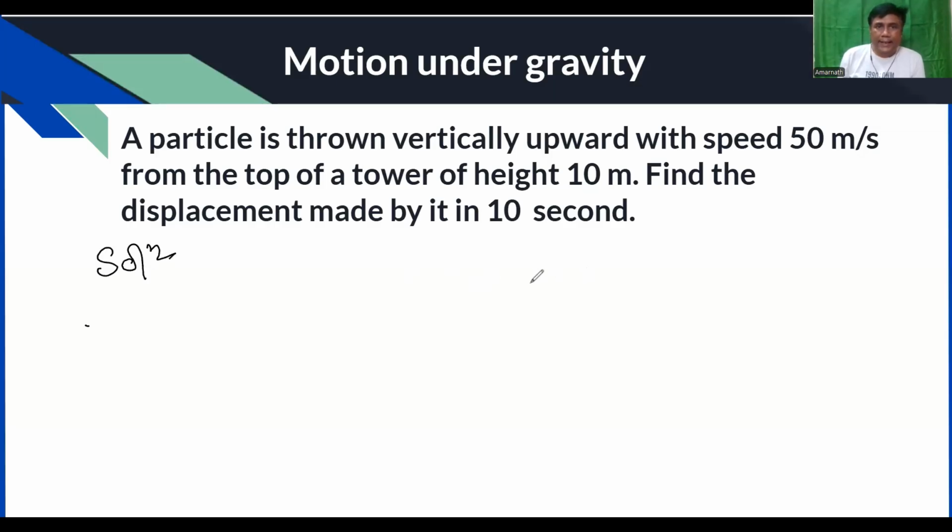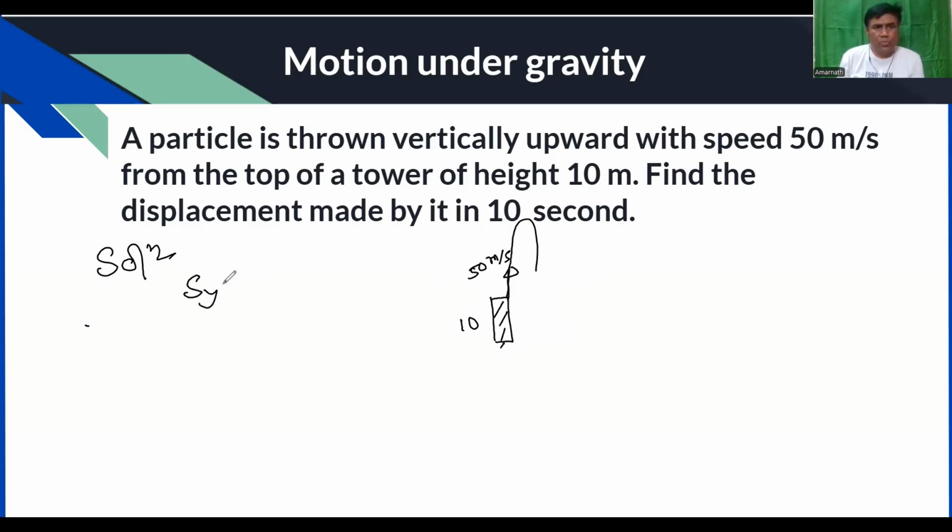Okay. Particle is thrown vertically upward from 10. So this is also 50 meter per second. It will go up and come back. Okay. And find the displacement in 10 seconds.